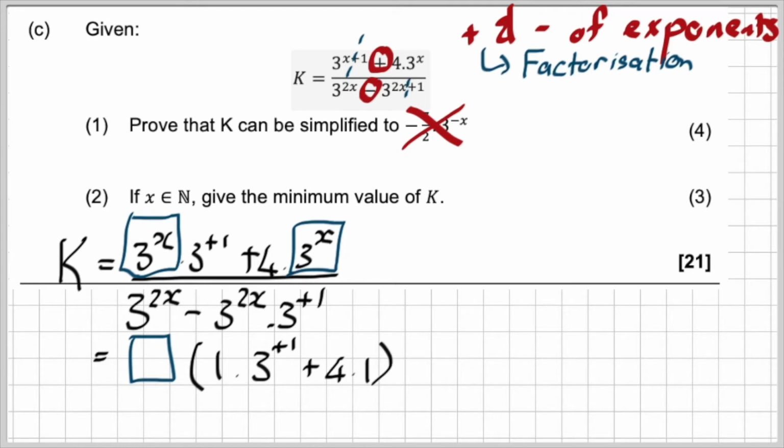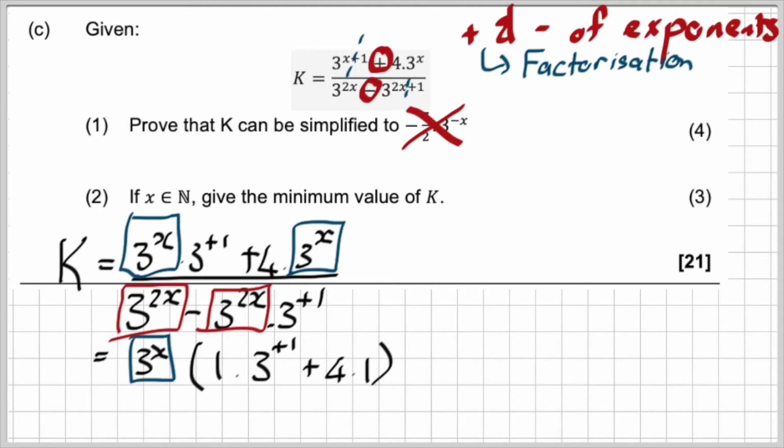In the first, at the top, you will see wherever there was a block, a 3 to the x, I put a 1 there, just so that I don't forget it. But what does the block actually represent? The block represents 3 to the x. Now go and try the bottom one yourself as well. Now I'm going to use a different color block.